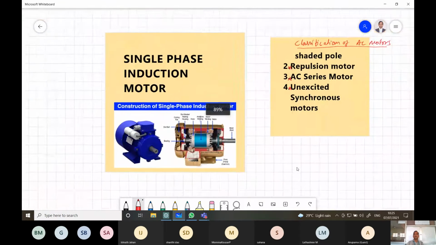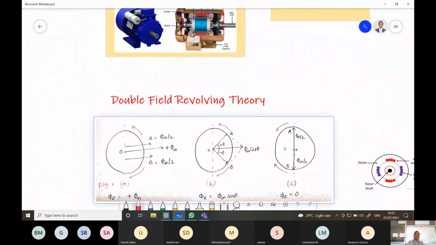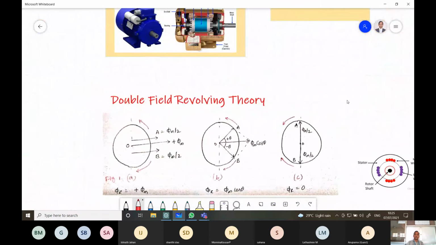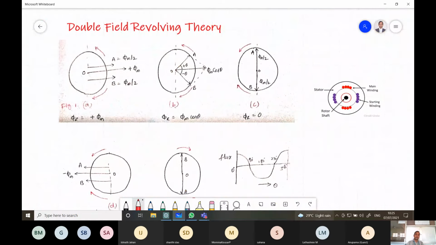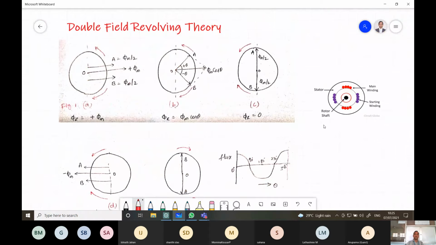Now we'll discuss a very important concept called the double field revolving theory.